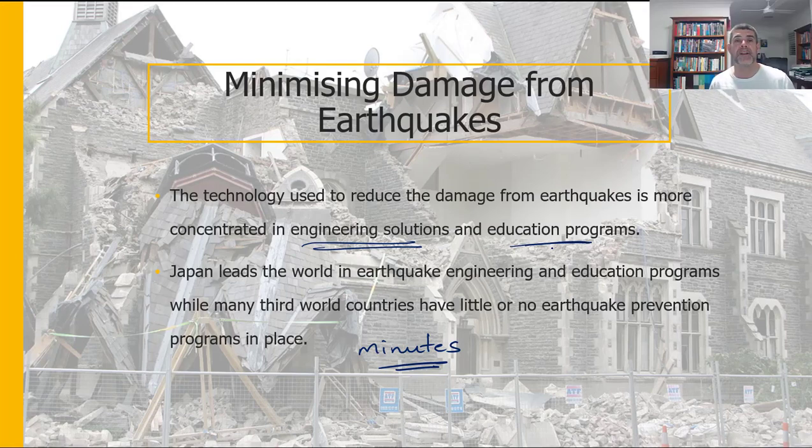You would expect places like the west coast of the US and Japan to be leading the world in some of the earthquake engineering and education programs that they've developed specifically to try and deal with their higher than average incidence of earthquakes. And of course, in the case of Japan, volcanic eruptions as well.